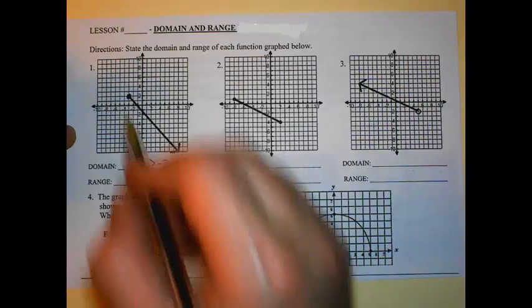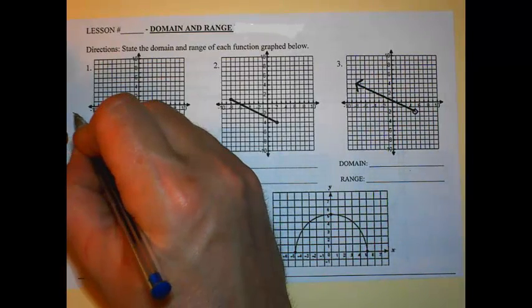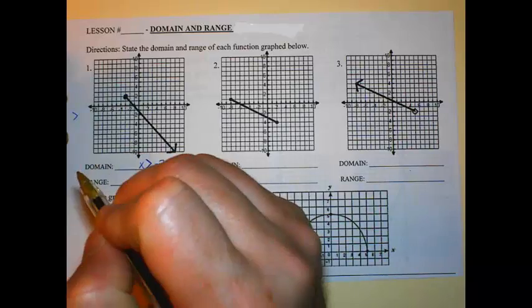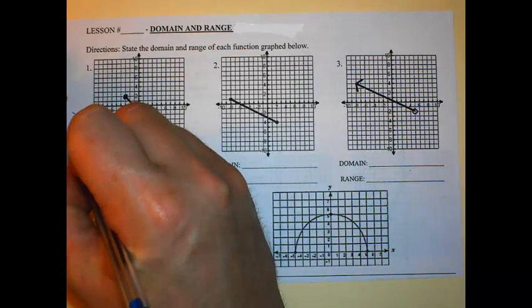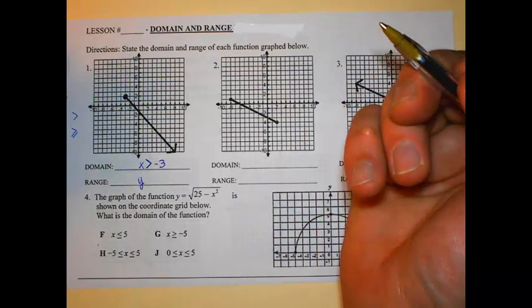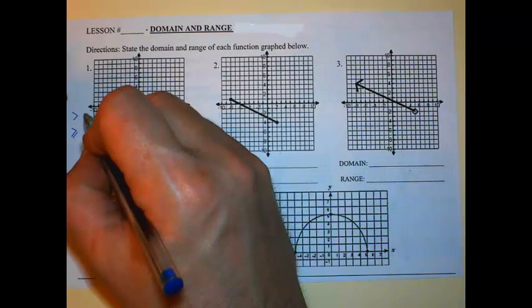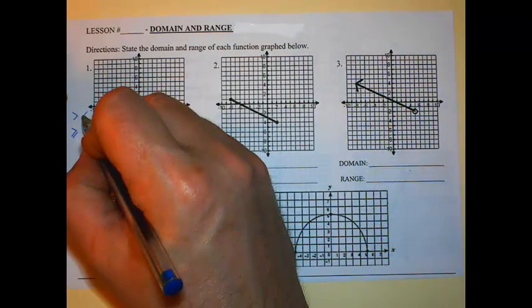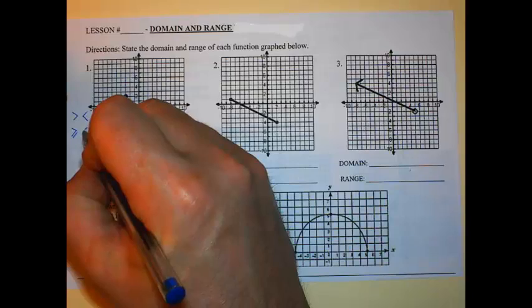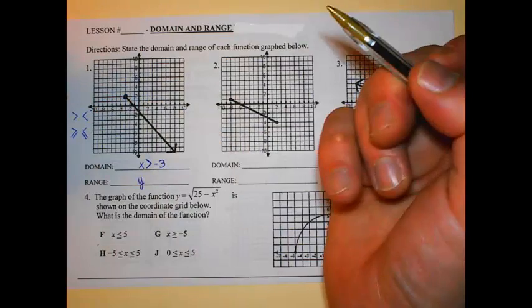Now, sometimes your inequality sign will be greater than and sometimes greater than or equal to. It could also be less than or equal to.